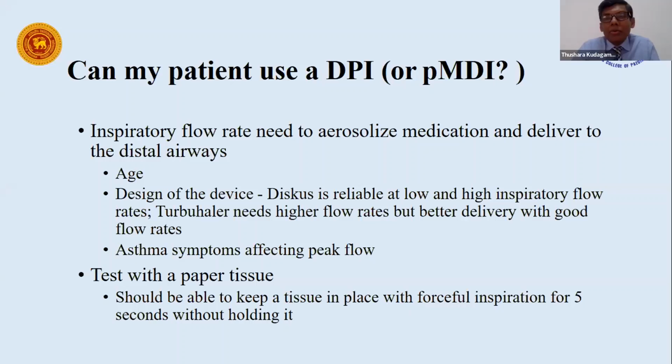Some devices will work on lower inspiratory flow rates, like the Diskus, but Turbohalers, which are very good in delivery of the medication to distal airways, might need a higher flow rate. So you might have to decide on the device as well when you decide on the dry powder inhaler. And children who have persistent symptoms of asthma might not be able to generate sufficient inspiratory flow rate, so they might not be able to use it.